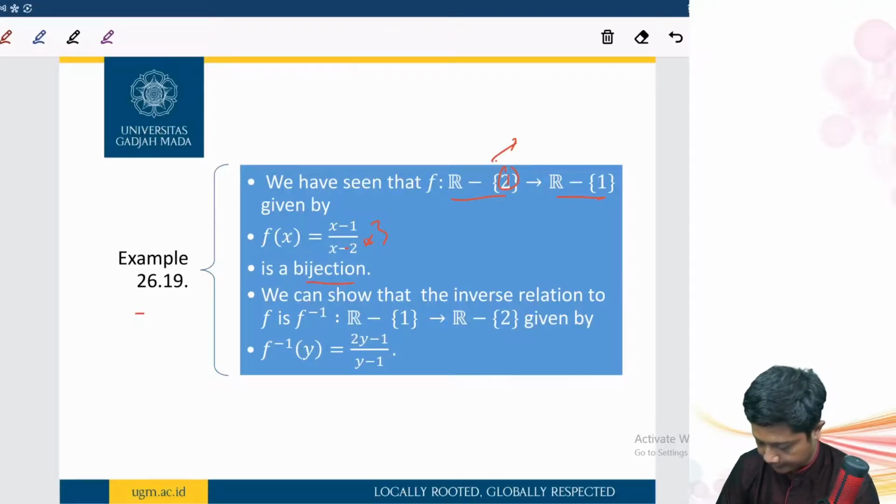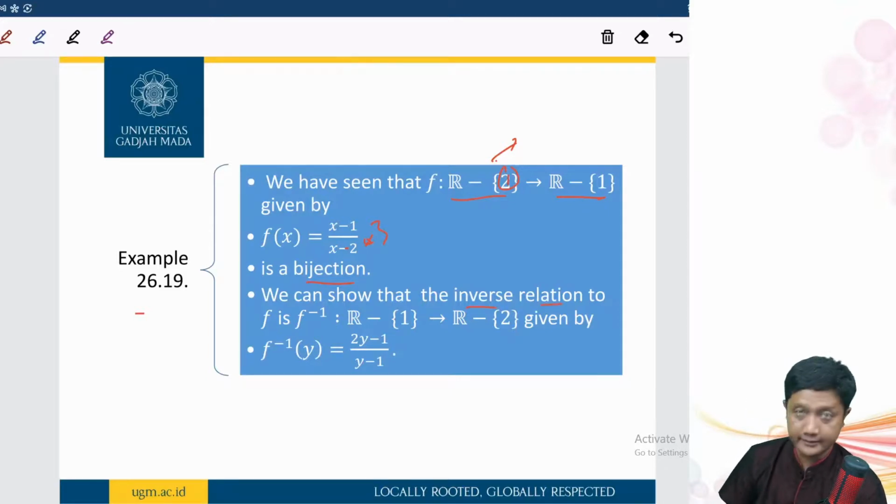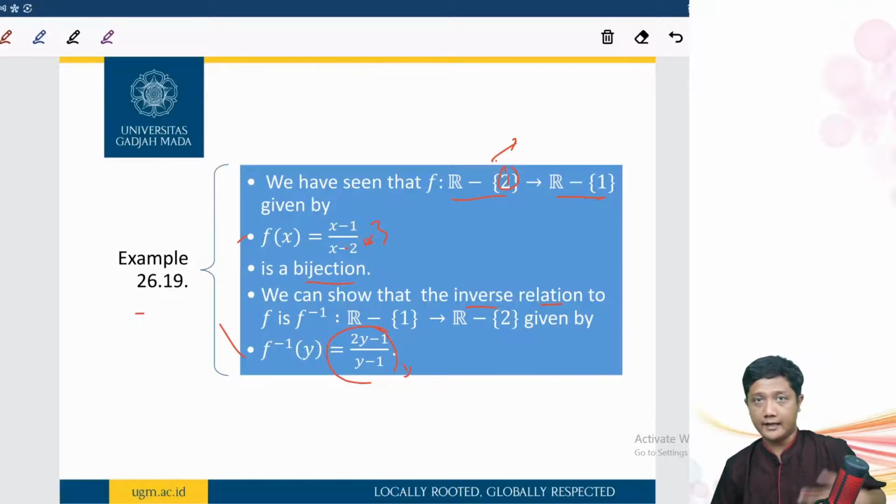And when you see the inverse relation, it becomes a fractional function again, and this one is also a function.